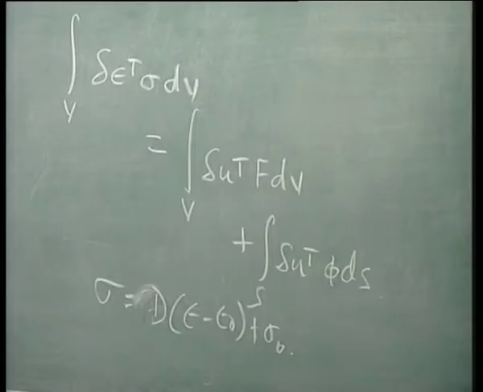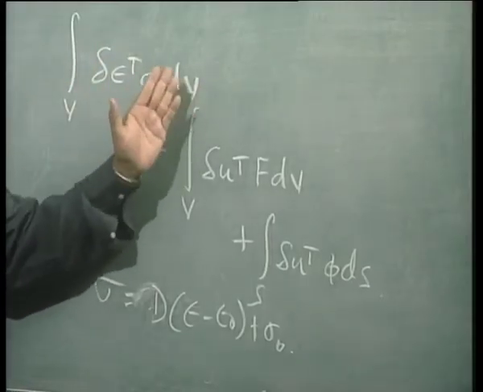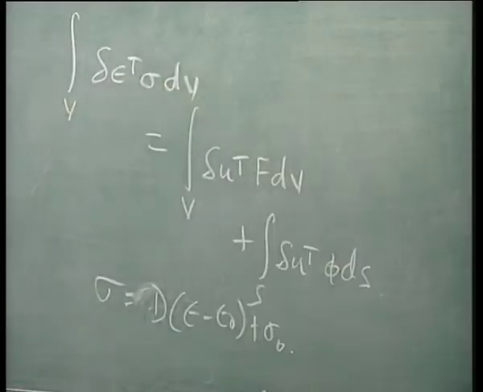So, sigma is equal to D epsilon, epsilon is equal to B u, and delta epsilon transpose is equal to delta d transpose B transpose. So, what do you get for K? Where is delta? There is no minimization here, right? This is just internal virtual work equal to external virtual work, that is all.